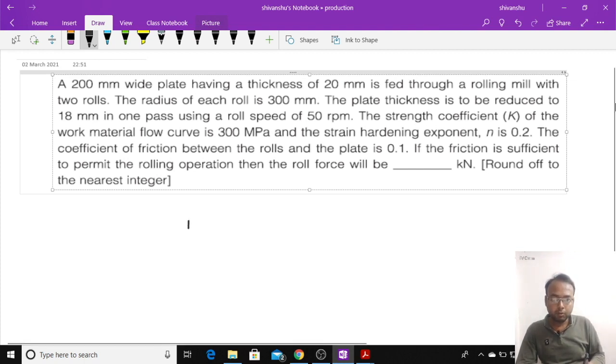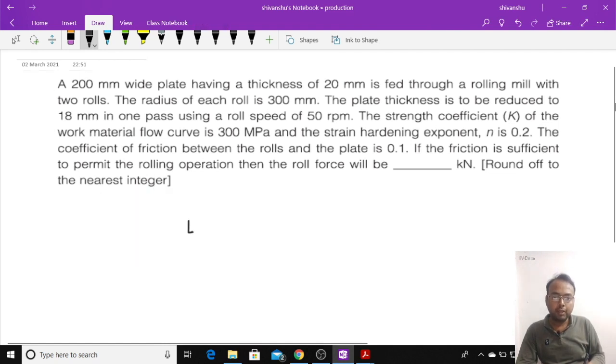So here L is equal to under root R, that is radius of roll, multiplied by delta H, that is the difference between the thicknesses before and after the rolling operation.